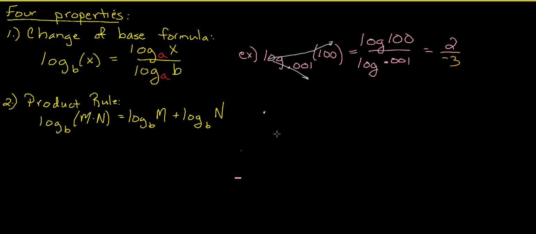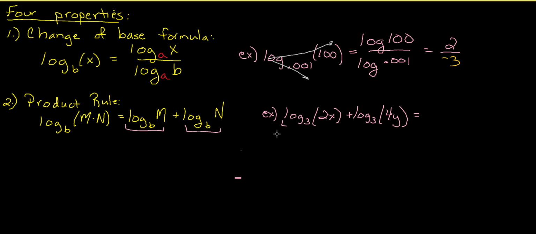Suppose I asked you to compute the following. Suppose I asked you log base 3 of 2x plus log base 3 of 4y. Well, you could combine that into a single logarithm via the product rule, right? So we have a log plus a log.